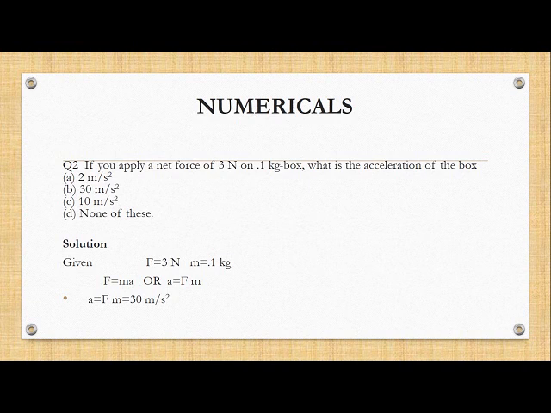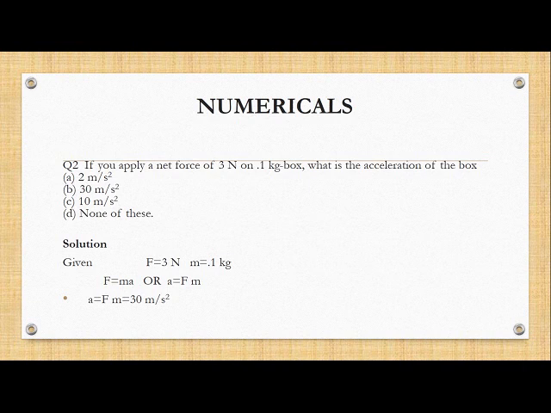A very simple one, F is equal to ma. Second: if you apply a net force of 3 Newton on a box of 1 kg, then what is the acceleration? Here are the 4 options. Children, again very easy, same formula, F is equal to ma. We already have the value of force and the value of mass, and we need to find the acceleration.